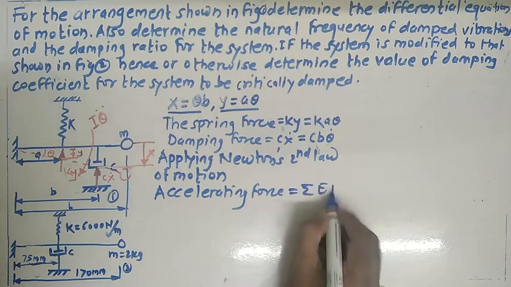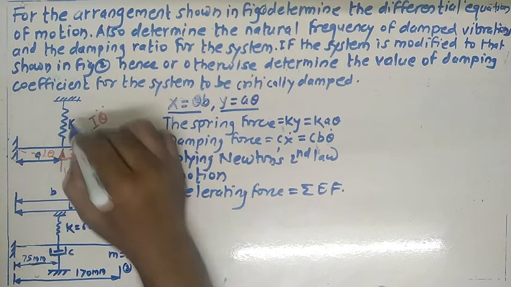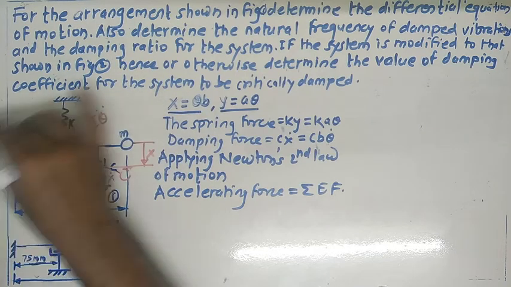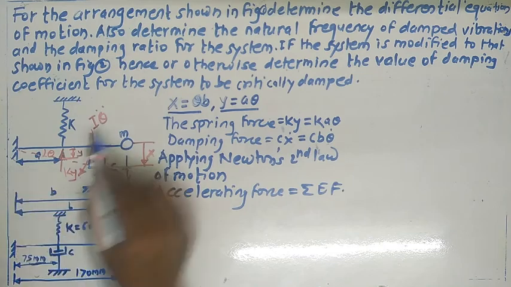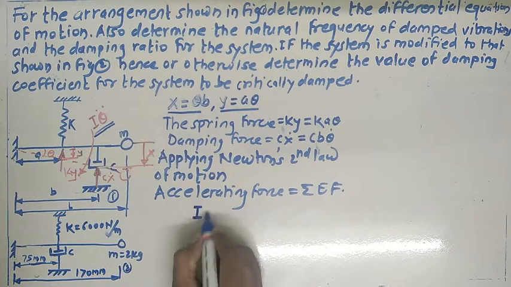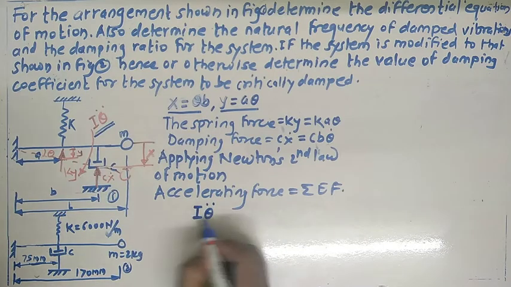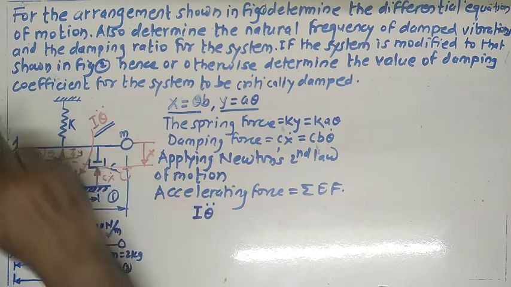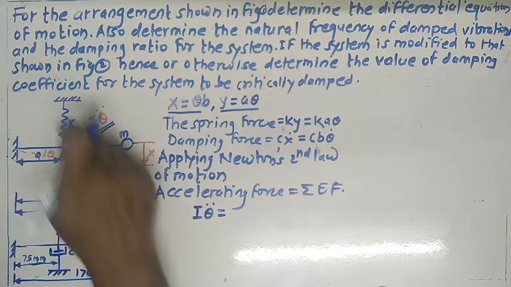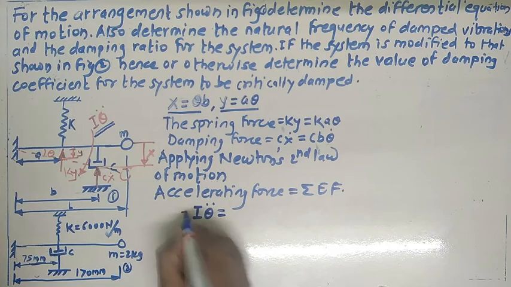The accelerating force is whatever force acts in the direction of motion of this bob, whose magnitude is I into theta double dot, because this is circular motion. This turns about this point in the clockwise direction, so as per our notation we give the minus sign.